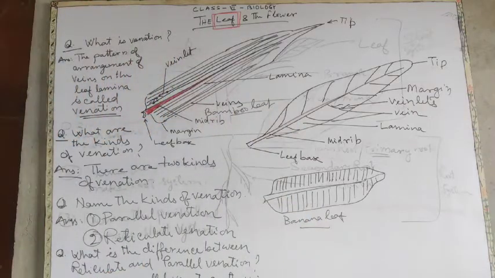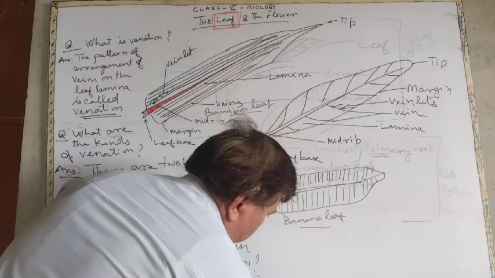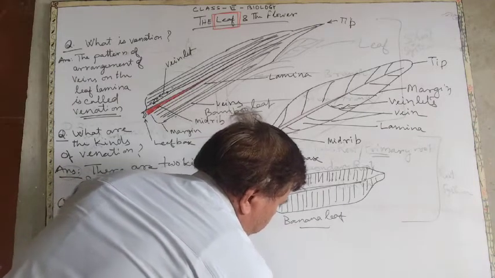So in the parallel venation, the veins are arranged to develop parallel to the midrib of the leaf, as in bamboo, or parallel to each other.